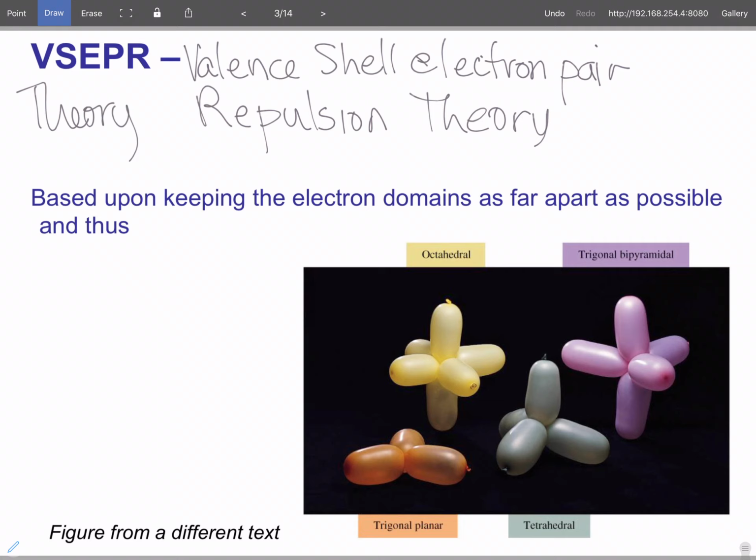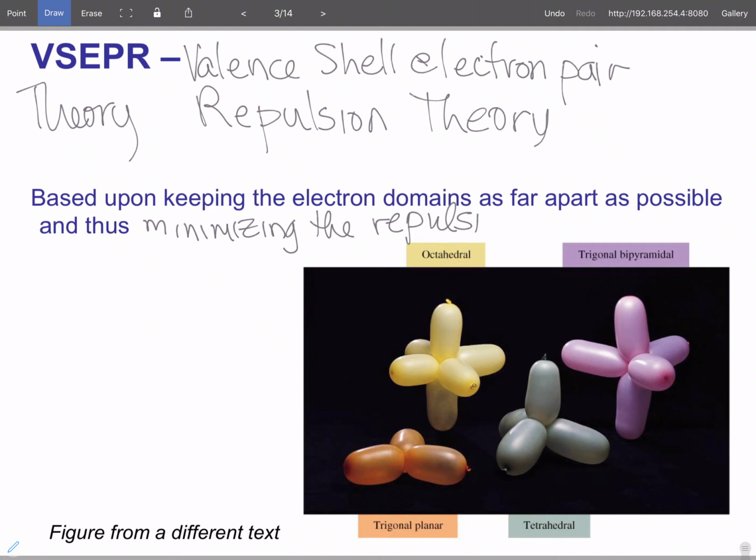So what is valence shell electron pair repulsion theory other than a mouthful? It is based upon keeping the electron domains as far apart as possible and thus minimizing the repulsions.